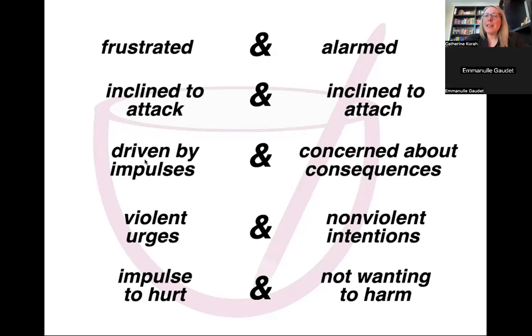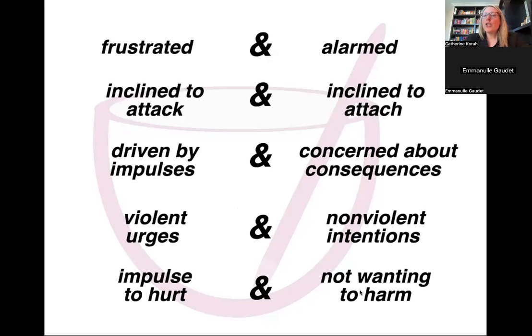If we have an impulse that drives us to attack, but we are concerned about the consequences, and again, I am not saying that giving a consequence will help to temper the impulse. The child needs to care about the consequence. So it's not what we do, it's how they see it and how they care about it. If the child cares about the potential consequences, this will help neutralize the impulse to attack. The non-violent intentions temper the violent urges.